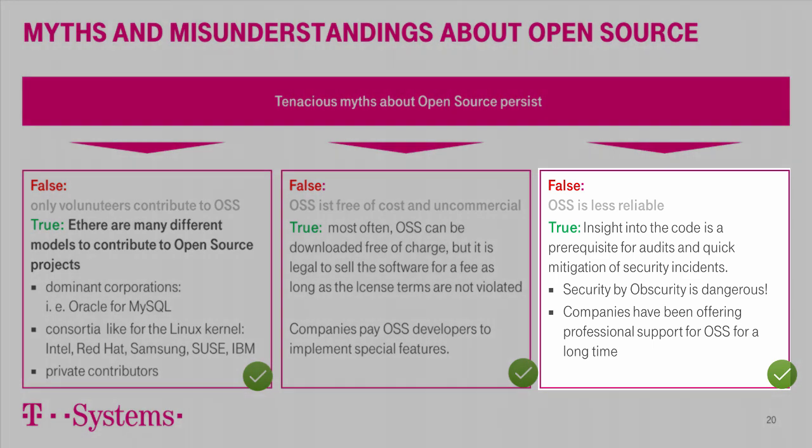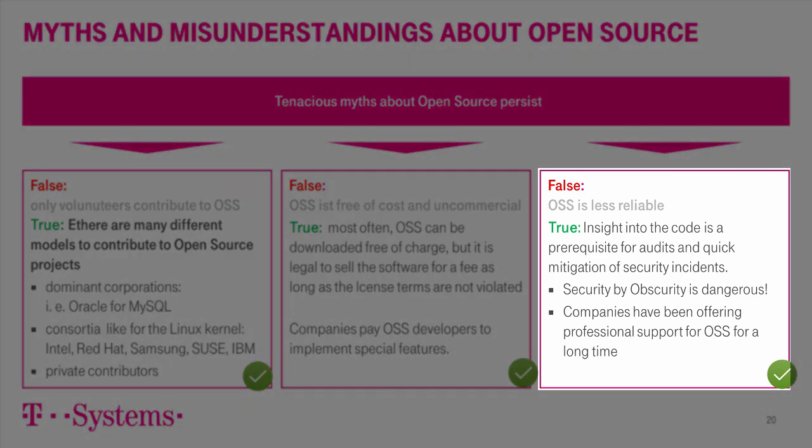And the third myth is that open source is less reliable because anybody can look into the code. But this is a contradiction. True is that insight into the code is actually a prerequisite for audits and quick mitigation of security incidents. There are software defects in any kind of software.